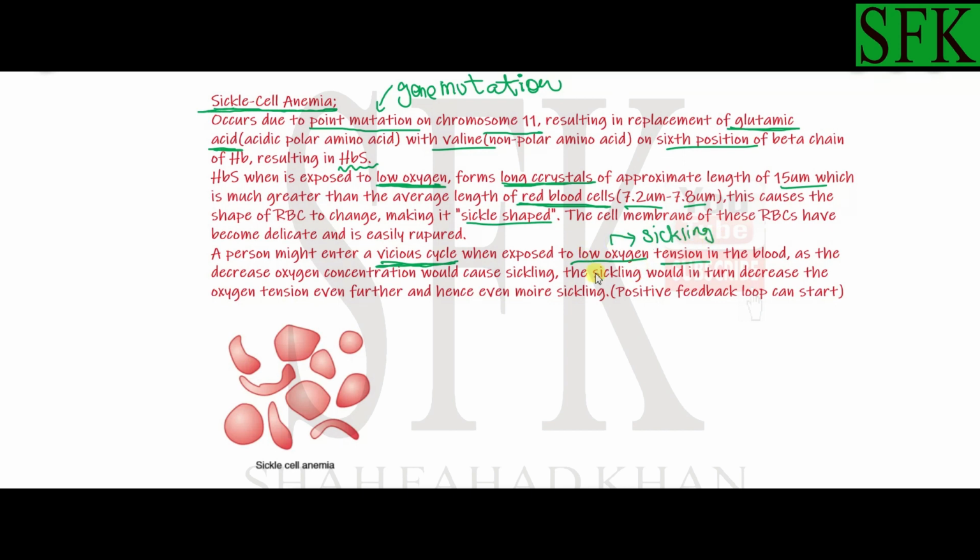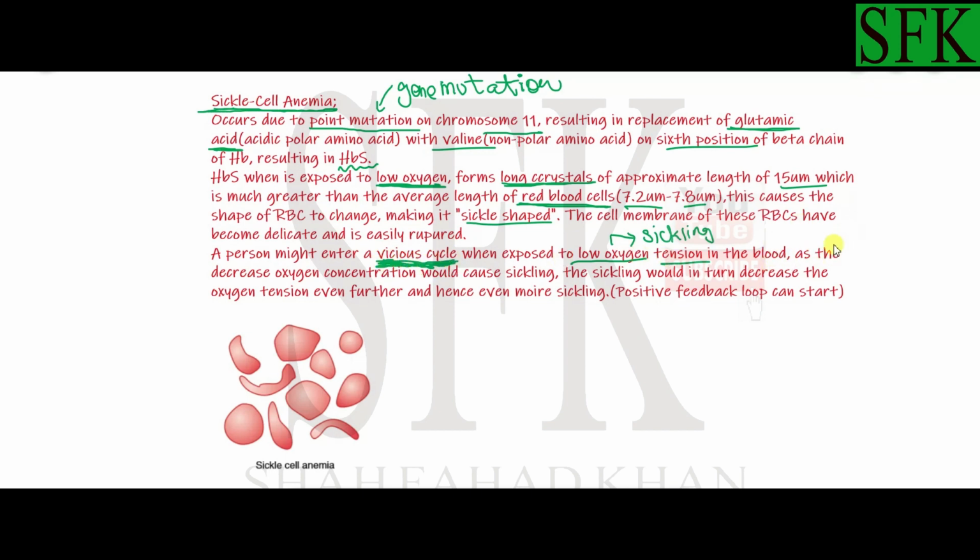So the oxygen tension will decrease even further, and this further decrease would cause further sickling, and hence this entire positive feedback loop will start. A vicious cycle will begin, which is very dangerous and may eventually lead to death.